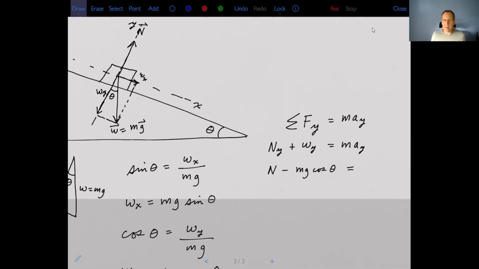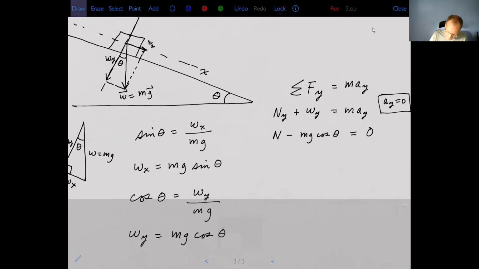Since the cart is not moving off of the air track, the acceleration in the y direction is 0, right? ay is equal to 0, because it's not jumping off the air track at all. So this tells us that the normal force is equal to mg cosine theta, which is true, but not really helpful. If there were friction, this would be very useful because friction depends on the normal force. But in this case, it's just a true statement, but it's not what we want.